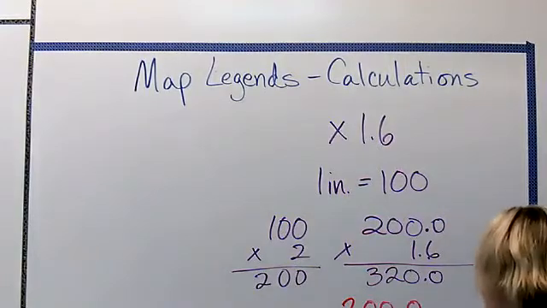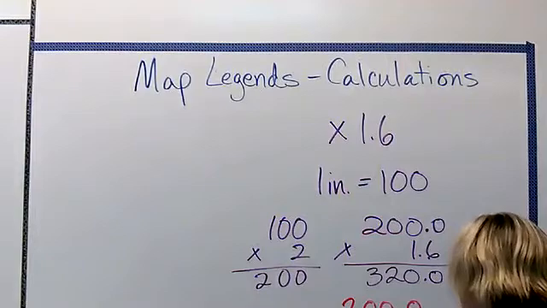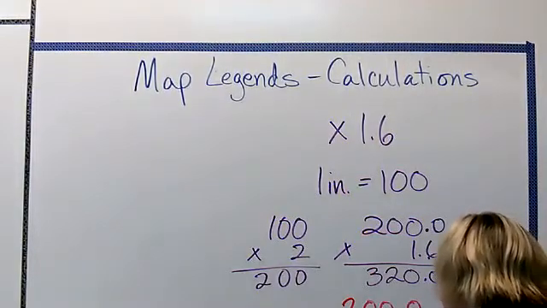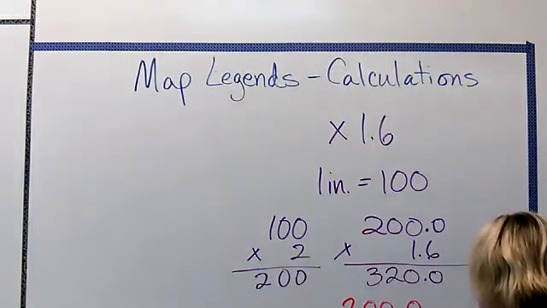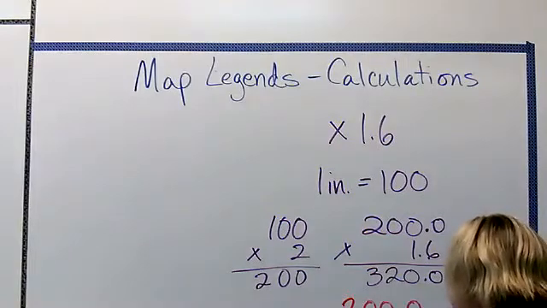Okay, 120. Then you go, 1 times 0, 1 times 0, 1 times 0. Then you go 1 times 2, and then you add them up. 0, 0, 2, 3.